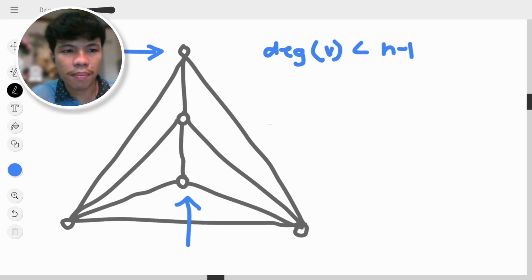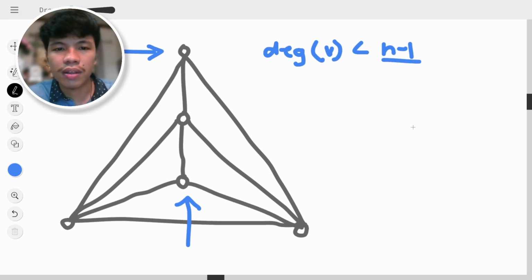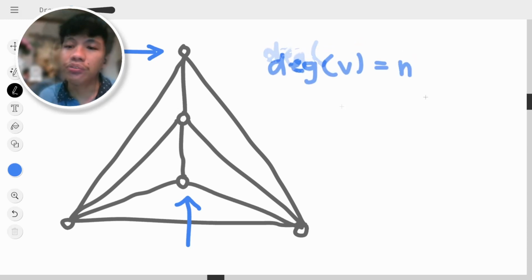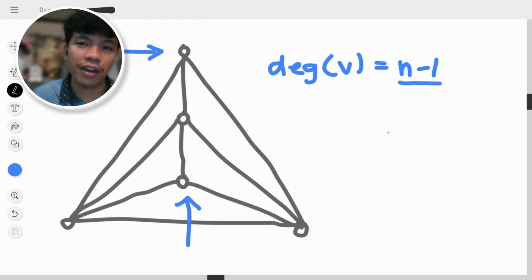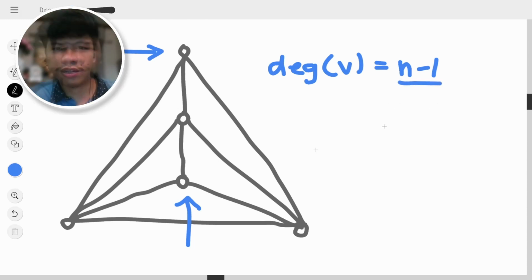For this example, n minus 1 is the highest degree that a vertex can have. If we have a vertex with degree n minus 1, that means it is adjacent to all other vertices. So that's why we don't consider it, since it is adjacent to all.